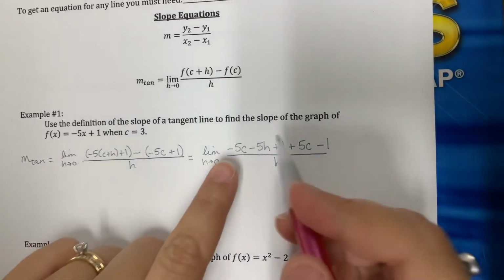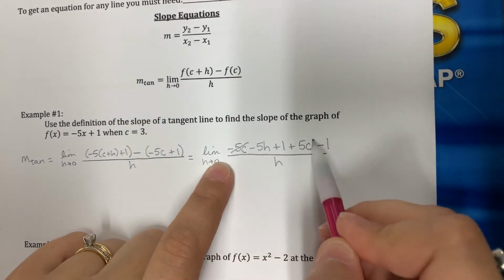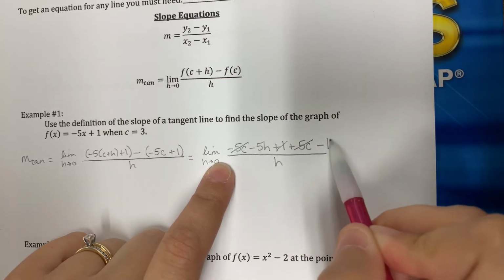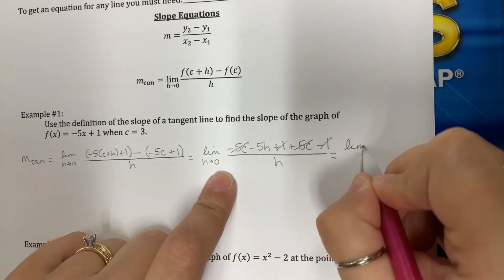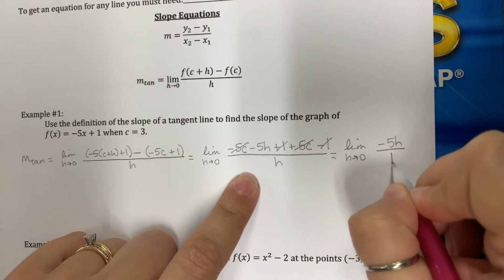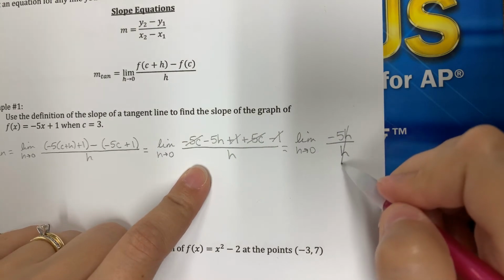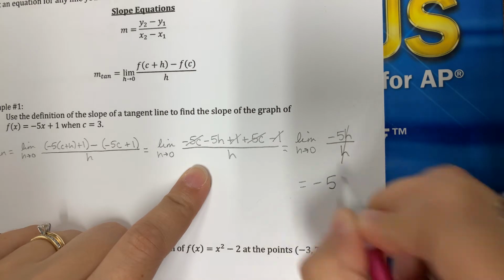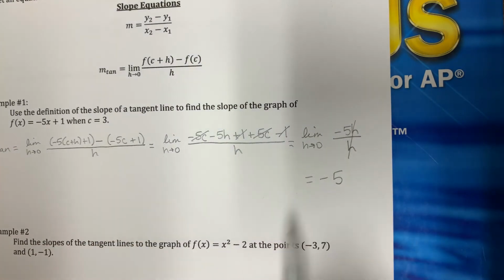A lot of things cancel. So a negative 5c plus a 5c, those cancel. And a 1 minus a 1, those cancel. So I end up really with the limit as h approaches 0 of negative 5h over h. Well, then if you look at it, those h's simplify. So really, I end up with negative 5, and I don't have to use my h approaching 0 anymore because I just get negative 5.